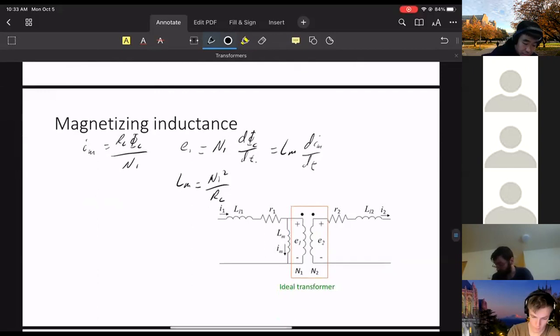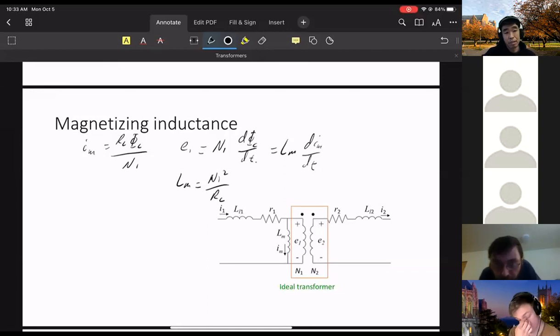So in addition to elements in series, we have elements both in series and in parallel. This IM and this Lm capture the fact that when we have sinusoidal current flowing in the transformer, it itself looks somewhat like an inductor. Whenever we have sinusoidal current flowing through a conductor, it will look somewhat like an inductor for us.